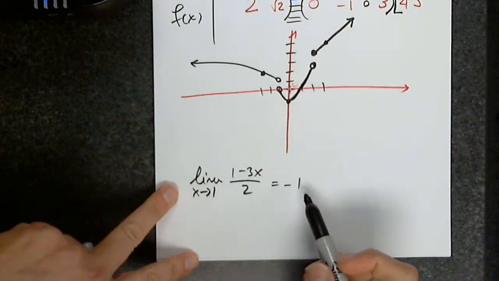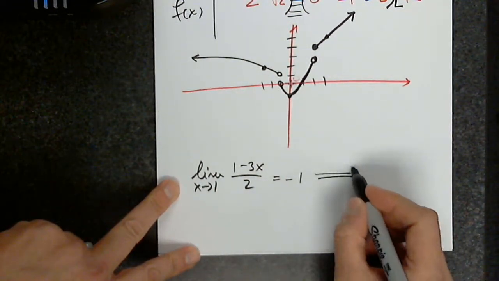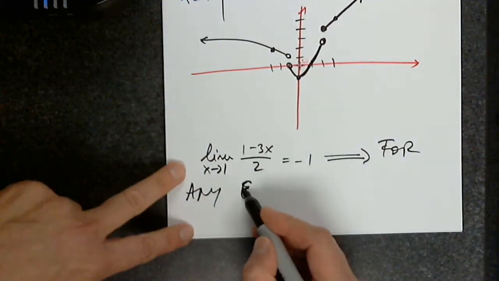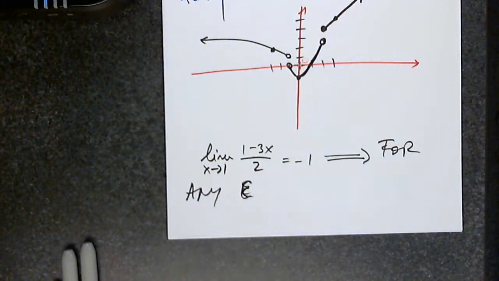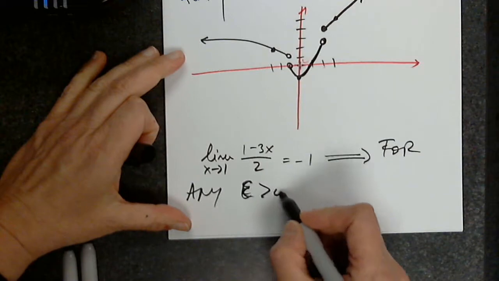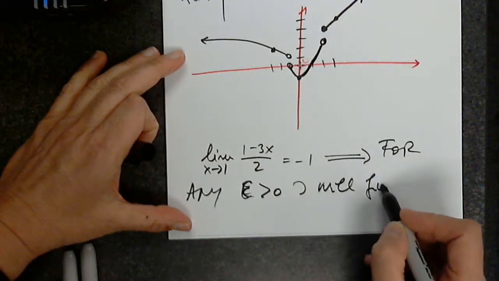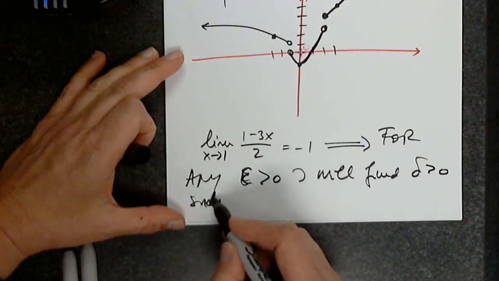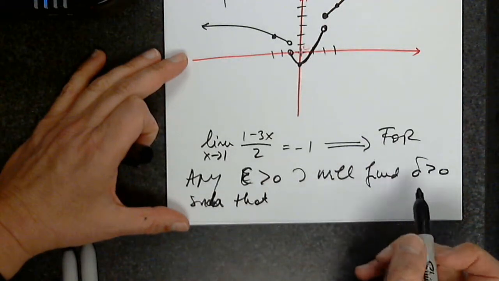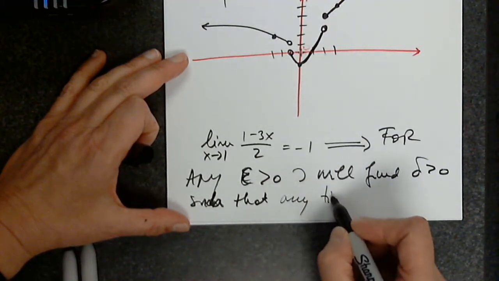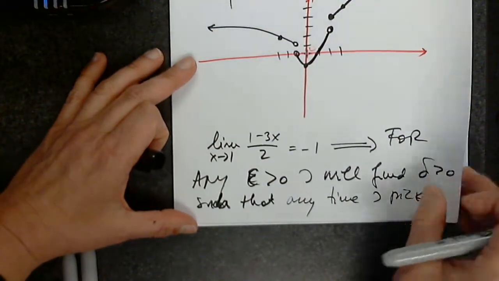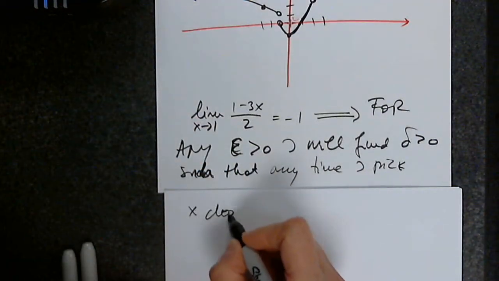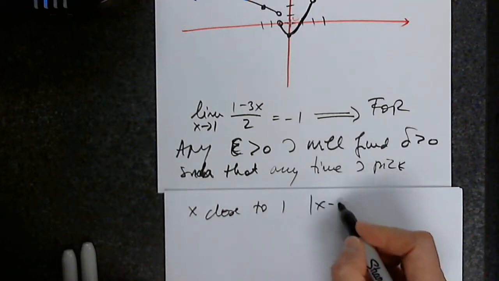This is true means for any epsilon greater than 0, I will find delta greater than 0 such that anytime I pick x close to 1, I have to write this.